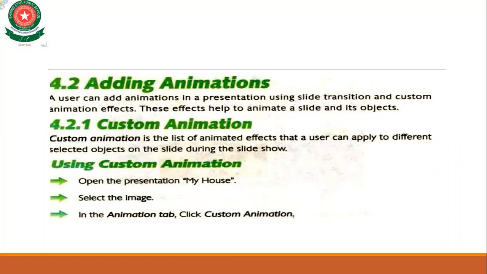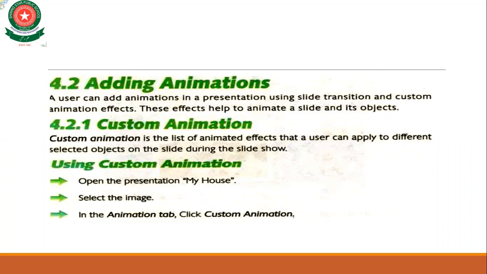What is custom animation? Custom animation is the list of animated effects that a user can apply to different selected objects on the slide during the slideshow. Now, using custom animation: first of all, open the presentation My House, then select the image.